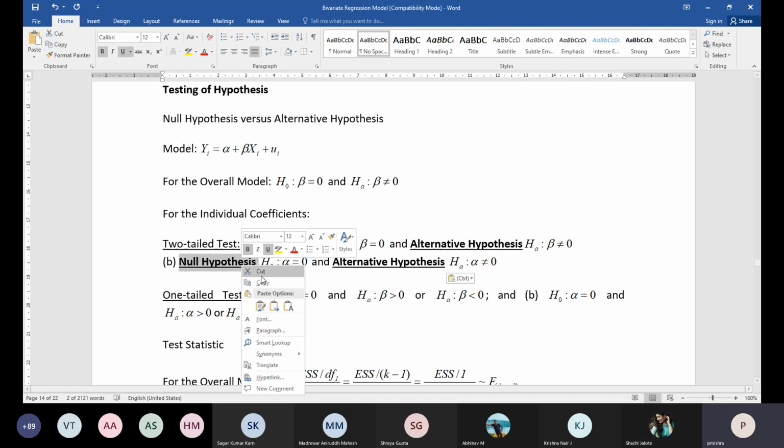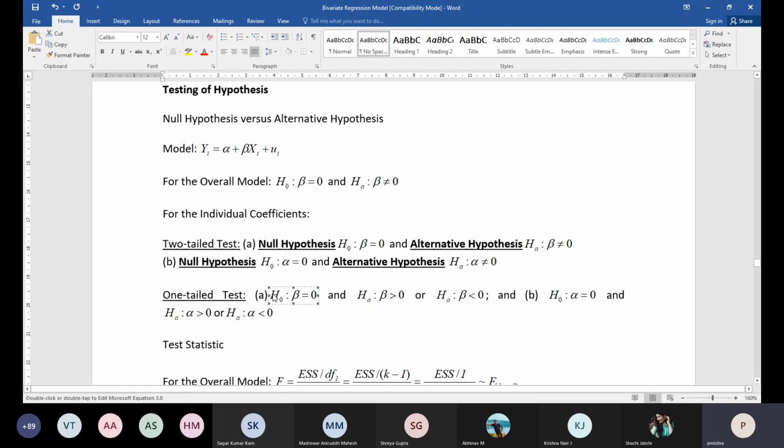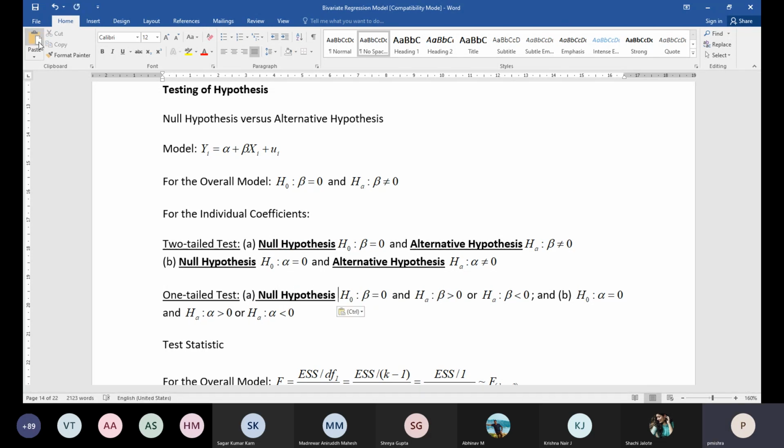So I would just suggest all of you to keep one thing in mind. Don't use the term accept while concluding on the test result. Say either we reject the null hypothesis or we fail to reject the null hypothesis.